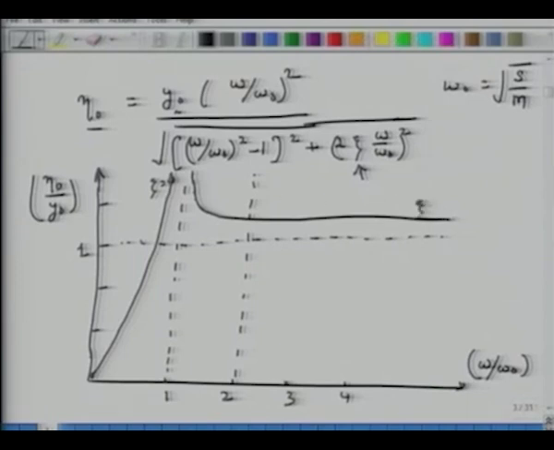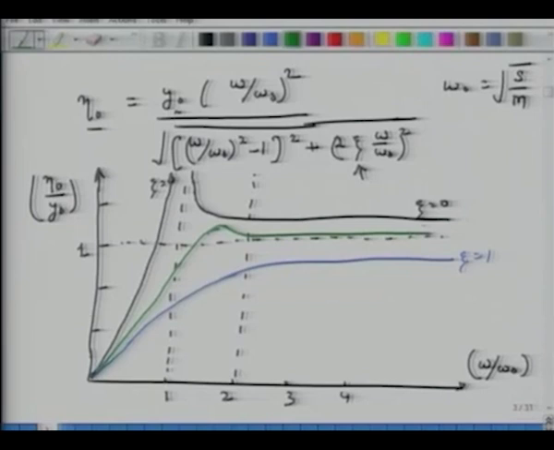So it blows up at omega over omega naught equals 1. I'll draw two more curves. This is eta equals 1, and I'll draw a third curve. It goes up and then starts becoming flat, something like this. And this is eta equals 0.5. So for a value of eta equals 0.78, it will lie somewhere between the green and blue curves, right?